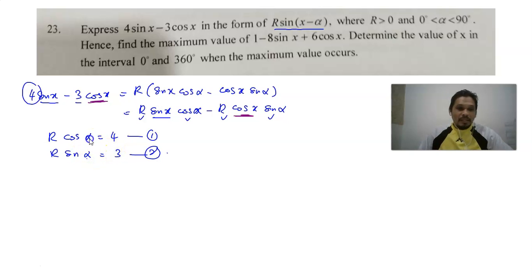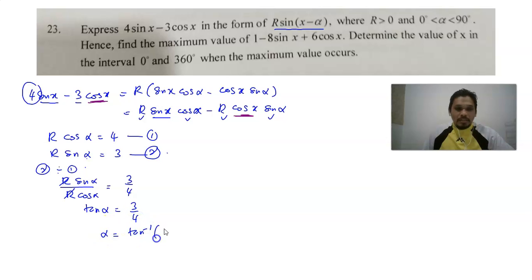By using equation 1 and 2, equation 2 divided by equation 1. So r sine alpha divided by r cos alpha equal to 3 over 4. Sine divided by cos equal to tangent alpha. Then alpha equal to arctangent of 3 over 4.